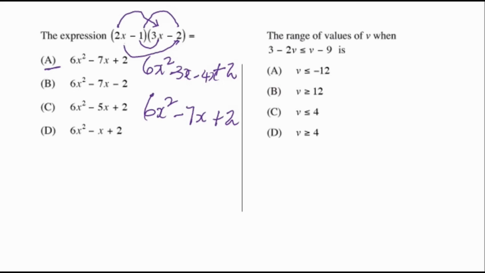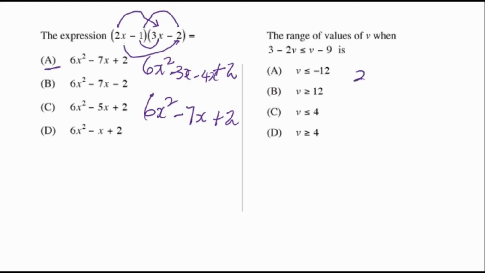Last but not least, we want to find the range of values of V when 3 minus 2V is less than or equal to V minus 9. This is also the inequality. So we take everything with V to the right hand side, every other term to the left hand side. So we proceed.